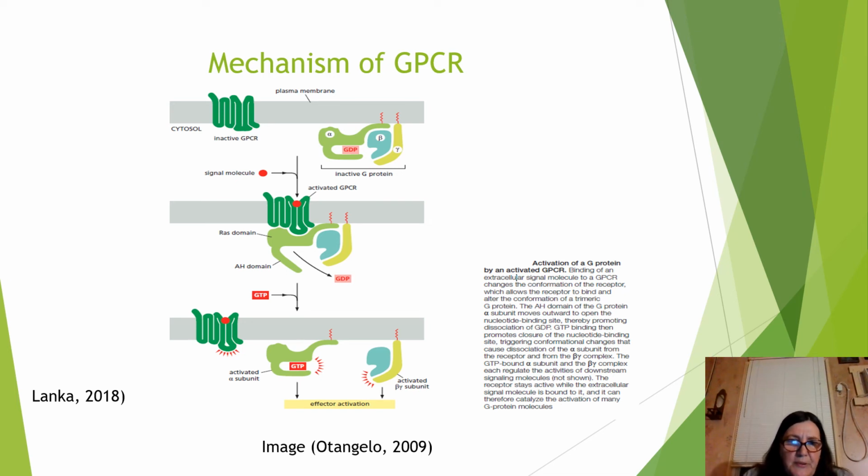It's not shown on this picture. But the second messengers will activate various proteins, which will generate particular cellular responses. And it will continue to do that until the hydrolysis of GTP back into GDP. And that action will deactivate the enzyme, and then the cycle starts over again.